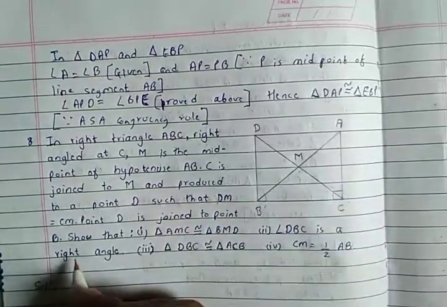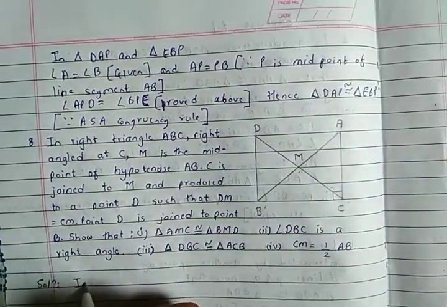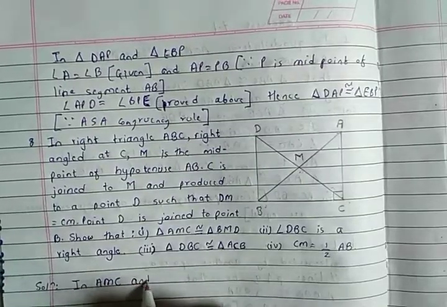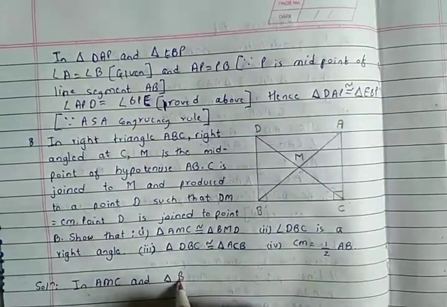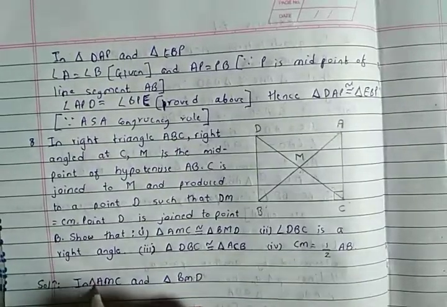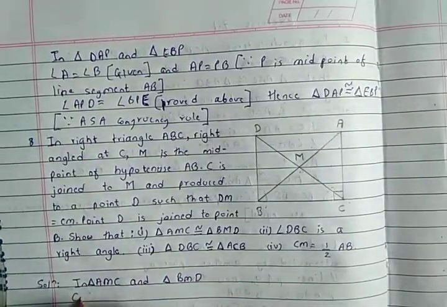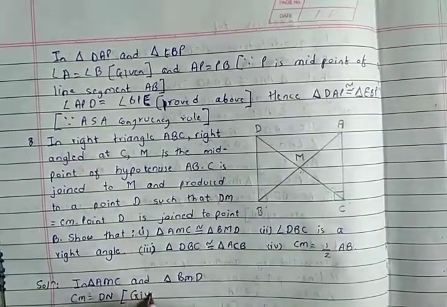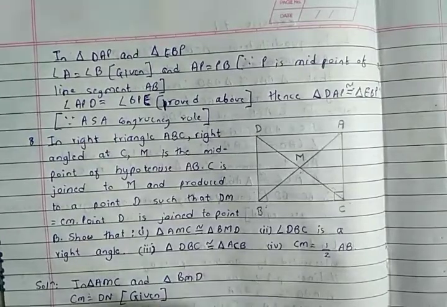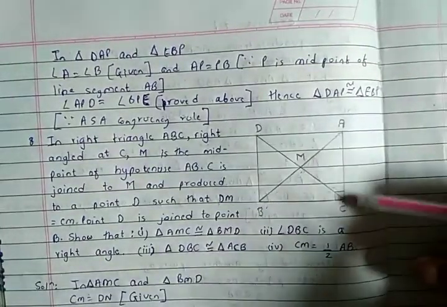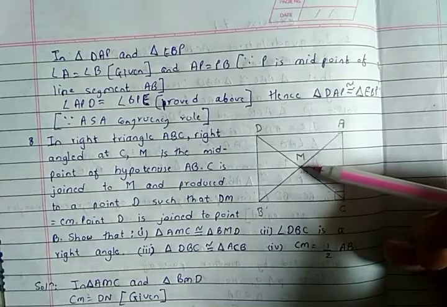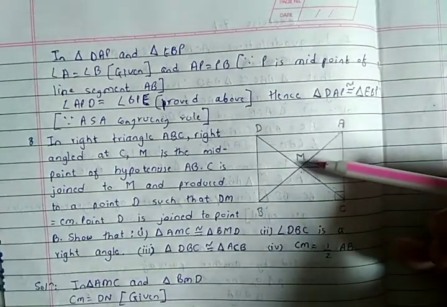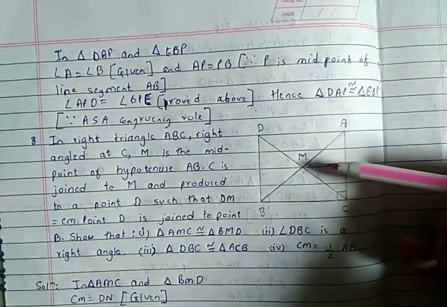First of all, we will consider triangle AMC and triangle BMD. CM equal to DM. This is given, right? See, this CM distance is equal to DM.